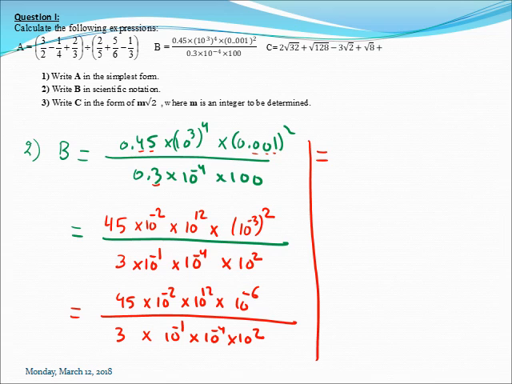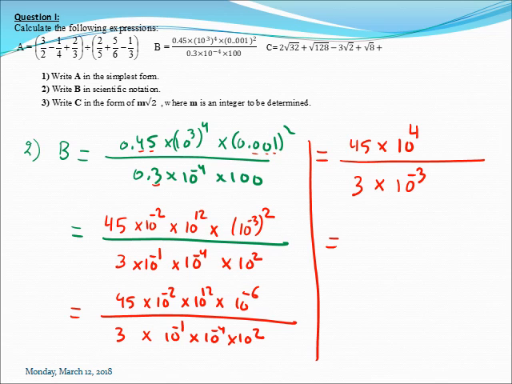Equal to 45 times 10 to the power 12 minus 2 minus 6, over 3 times 10 to the power minus 1 minus 4 plus 2, minus 3.